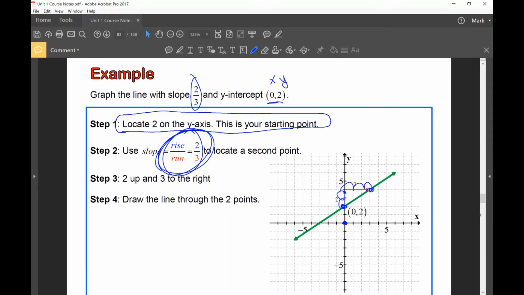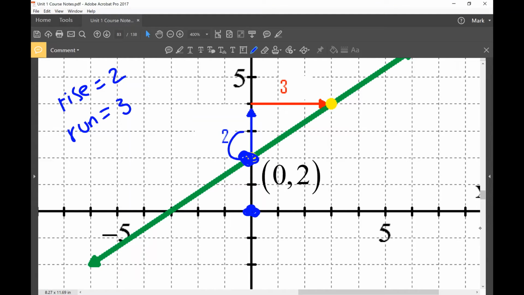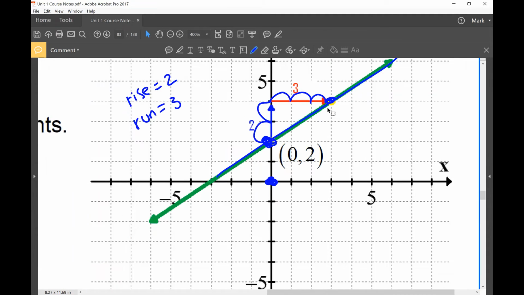Let me zoom in here. Rise equals 2, run equals 3. So up 2, right 3. There's my point, and I draw my line. All right, let me show you one.